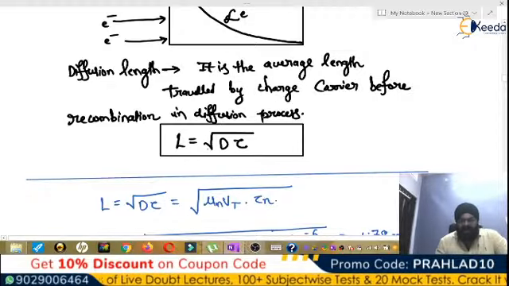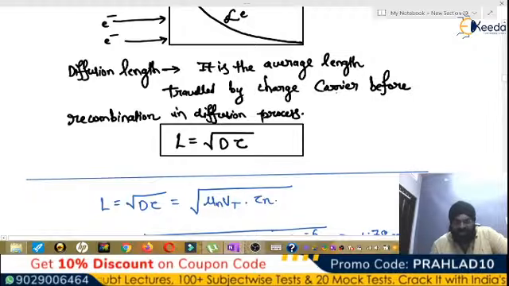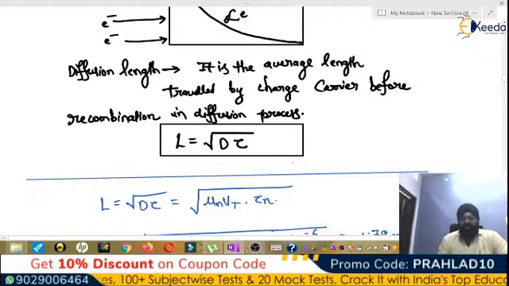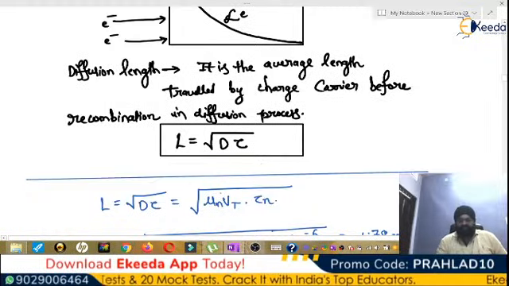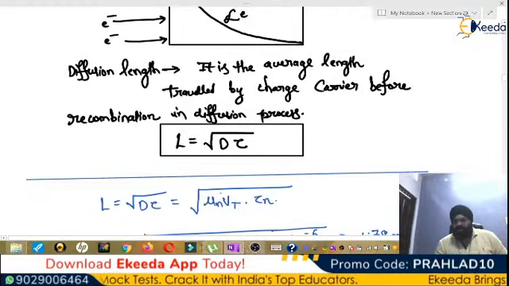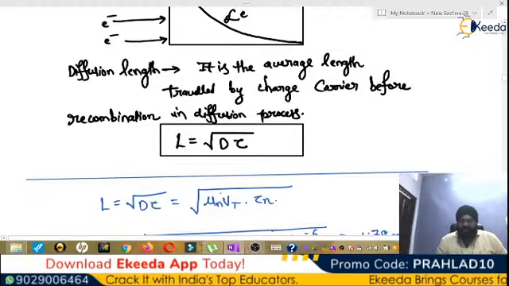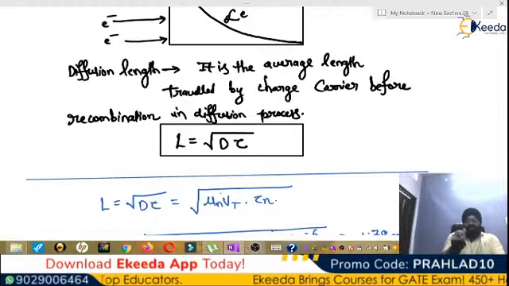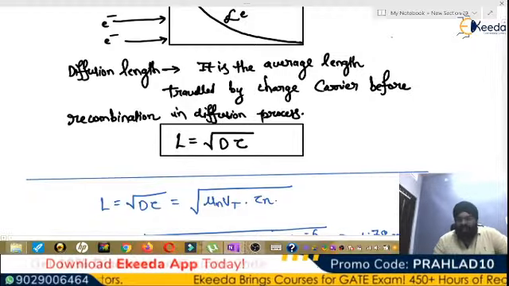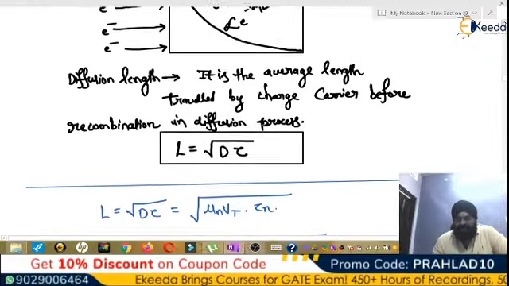And the diffusion length is the average length traveled by the charge carrier before recombination. When diffusion process occurs, then charge carriers also recombine when minority charge carriers are injected in the extrinsic semiconductors. Then minority charge carriers diffuse in the semiconductor.